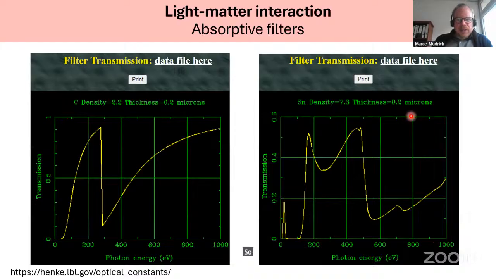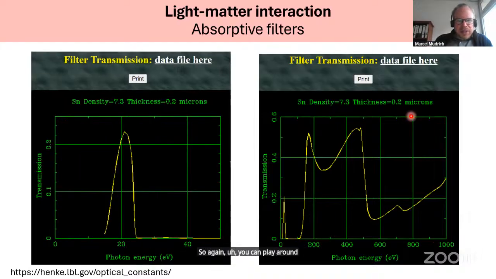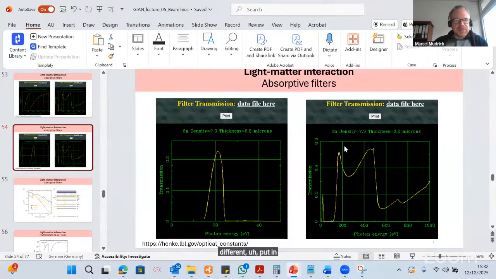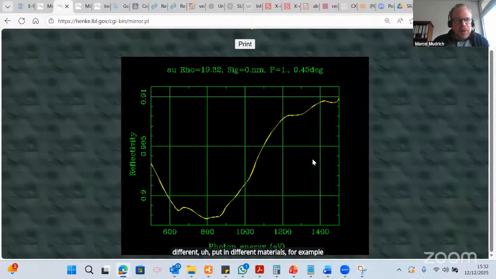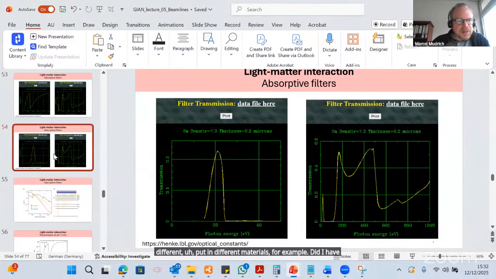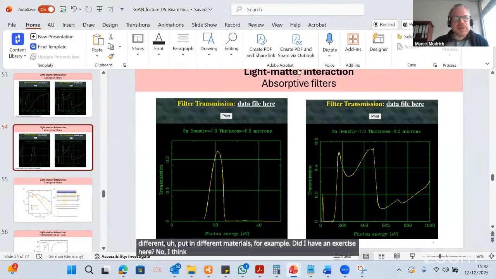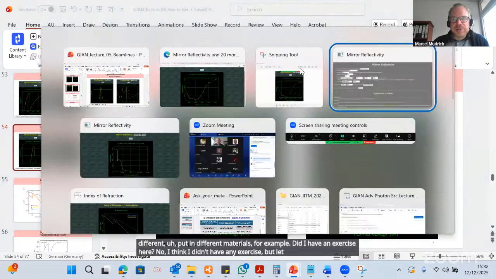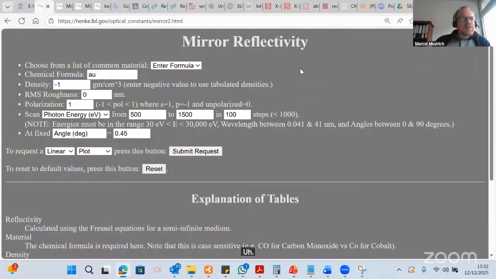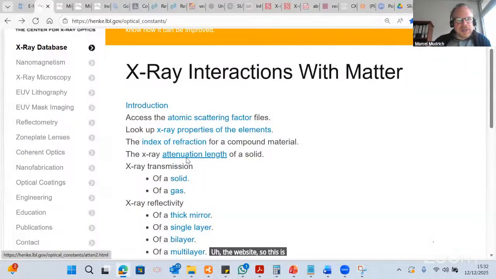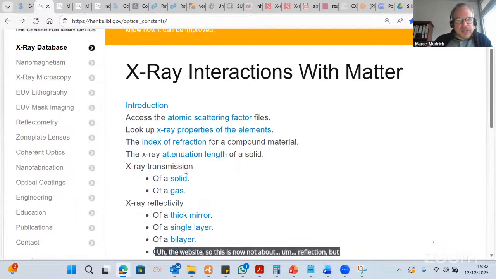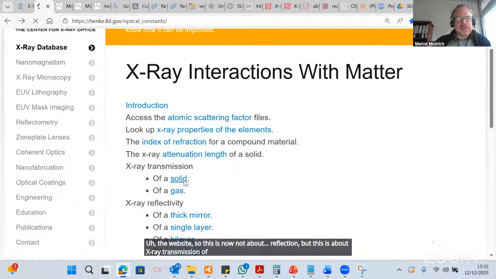So again, you can play around for yourself and put in different materials, for example. Did I have an exercise here? No, I think I didn't have any exercise, but let me just quickly show you the website. So this is now not about reflection, but this is about X-ray transmission of a solid, for example.